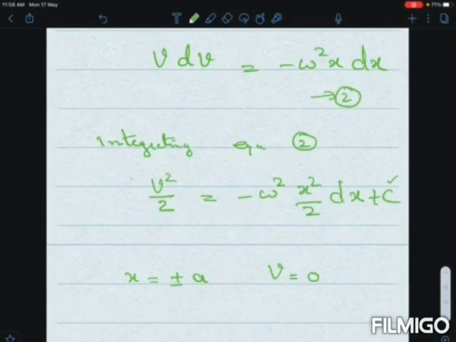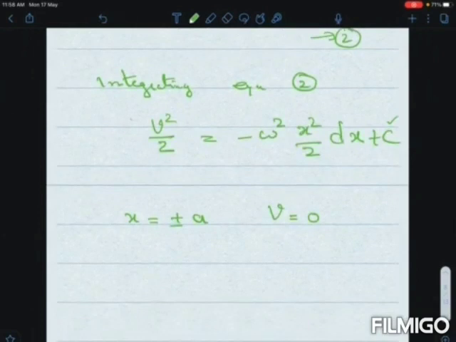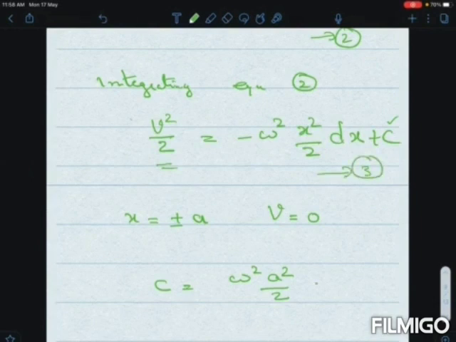In the extreme positions, you have the velocity as 0, and therefore the equation becomes c is equal to omega square a square by 2. Right? This is 0, and then x will become, if it is plus a also, it is a square, minus a also, it is a square. So it is omega square a square by 2.